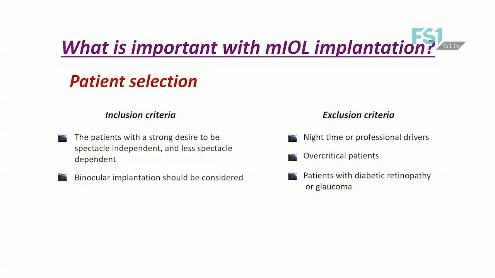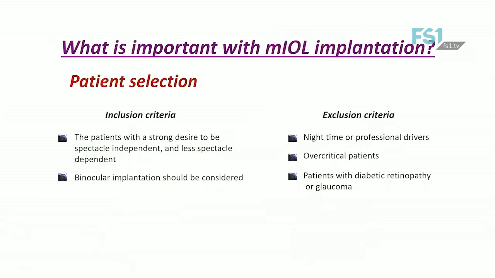Overcritical patients: it's always good to identify a really critical patient, because from the way they ask questions, the doctor can already estimate whether it is an overcritical patient or not. Or patients, for example, who come with a huge amount of information from the internet. Without being a doctor, reading a lot of information from the internet as a patient, I think it is too much and complicated for both patients and doctor.